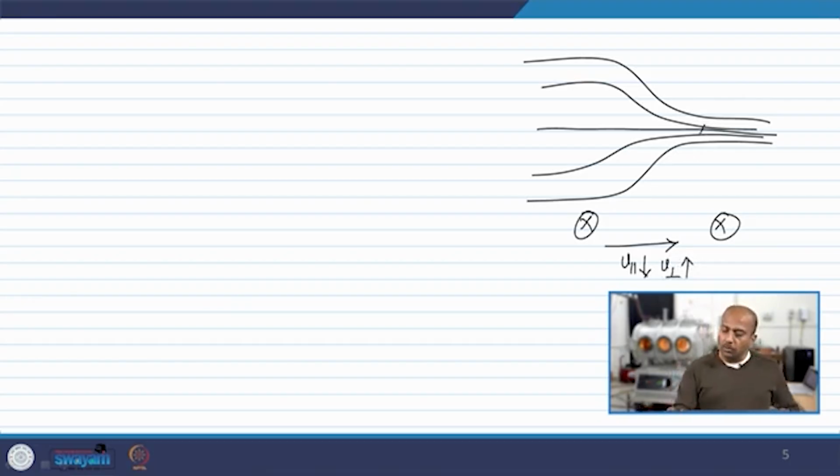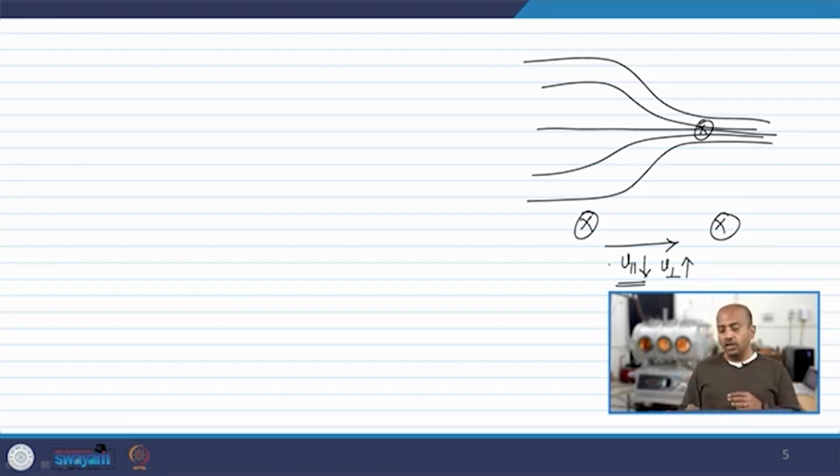So, at a particular point, a threshold is reached where V parallel is made completely 0 because of the very strong magnetic field there. What happens at that point, the entire energy of the particle has to be perpendicular energy, but not the parallel energy. So, the particle can no longer go into the positive z axis because its velocity is 0 along that direction.